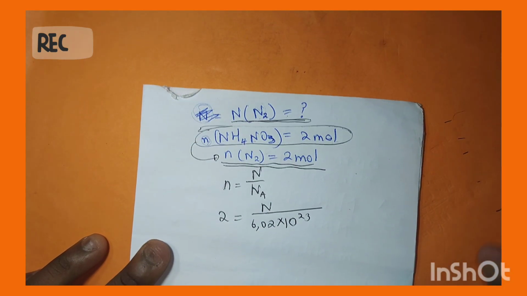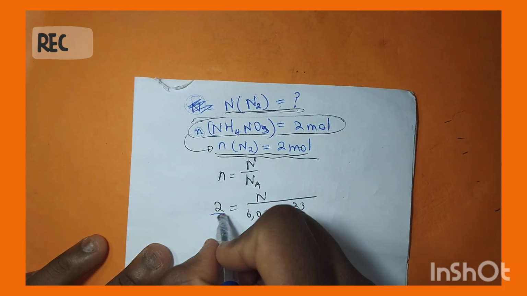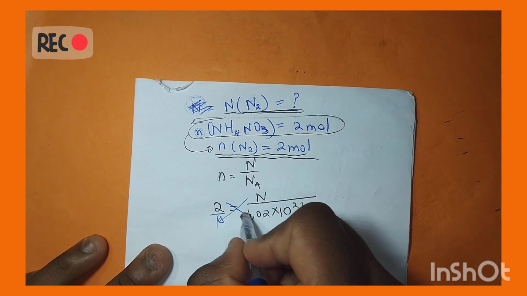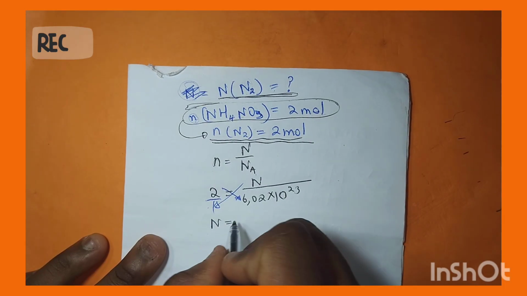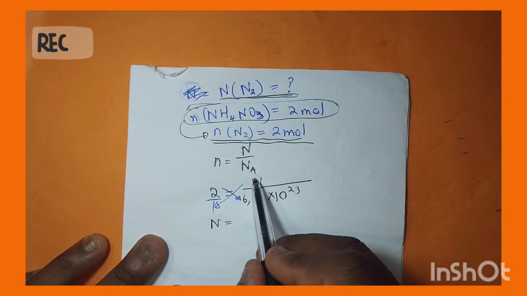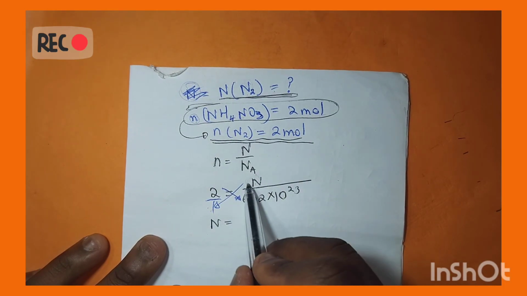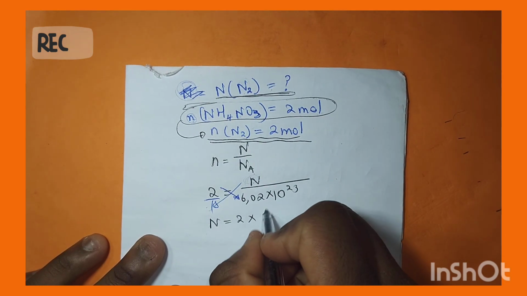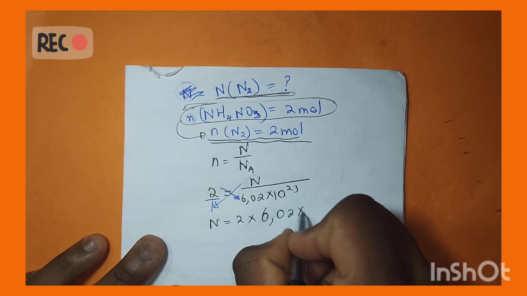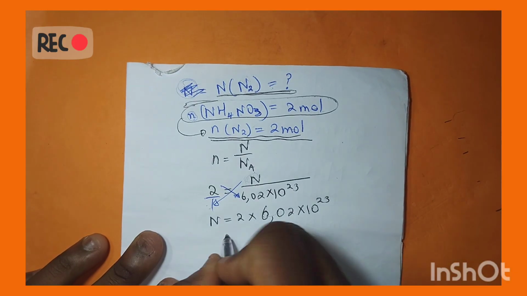Now you can solve for N. Put an invisible 1 under n. This will multiply there, and the 1 will disappear, because anything you multiply with 1 gives you the same thing, which is N. Then you can multiply these together.